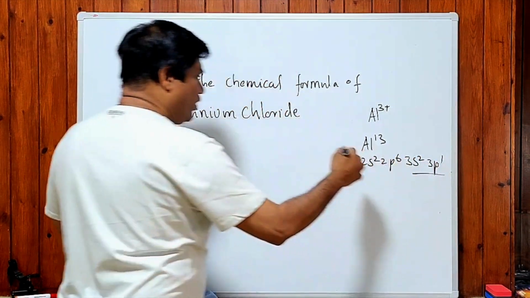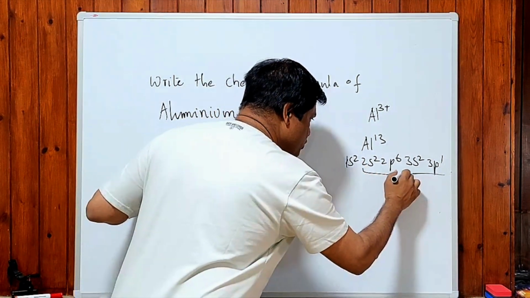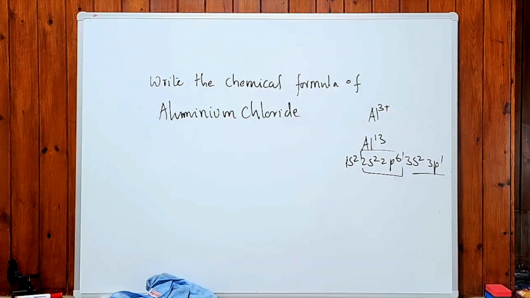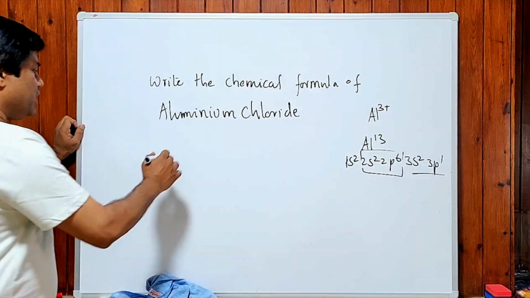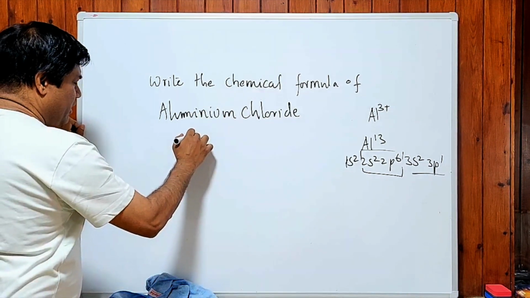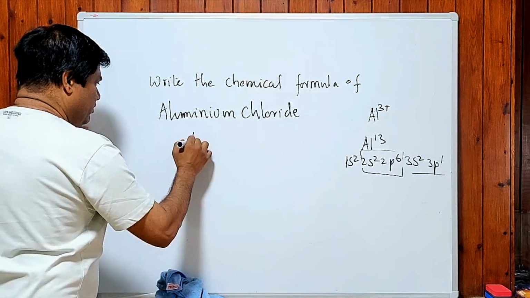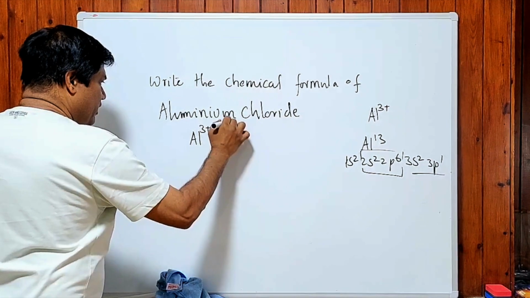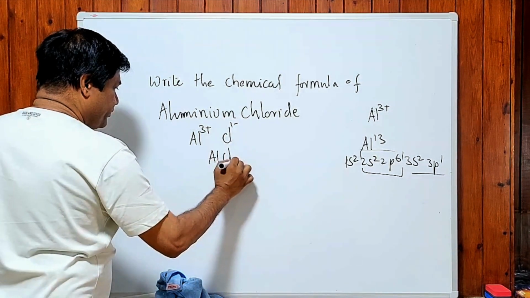It gives away all 3 electrons so that it has 8 electrons in the outermost shell. That is nothing but the octet rule. Okay, 1s is the inner shell. Now, Al3+, and Cl gains 1 electron, AlCl3.